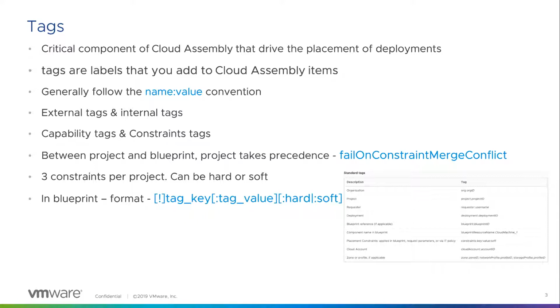That's constraint tags. And depending on who creates it, there can be two other types of tags: standard tags, which are predefined tags. That's there on the right hand side. You see the standard tags. These are the predefined tags. You won't be able to define them yourself. Once a deployment is done, these values are already populated.